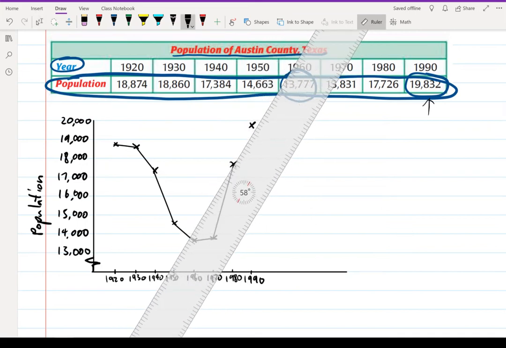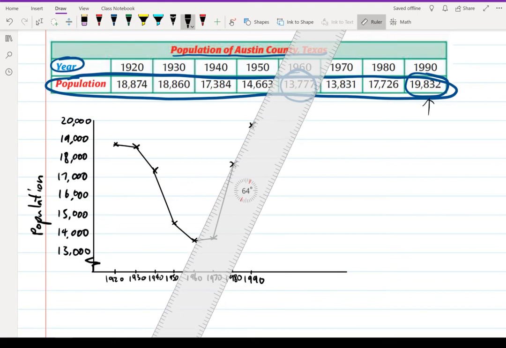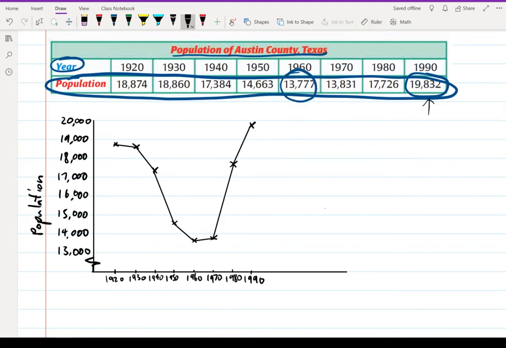Last line. Okay, so that's good enough for me. And so two more things I am missing. I need to write down the label down here, which is year, and also the title of the graph, which is population of Austin County.